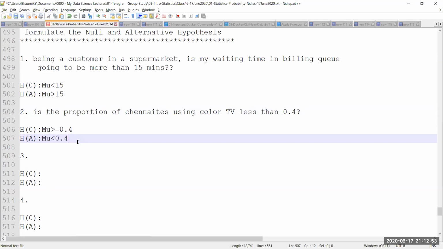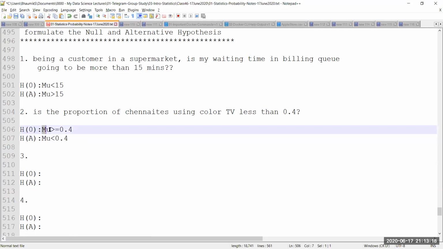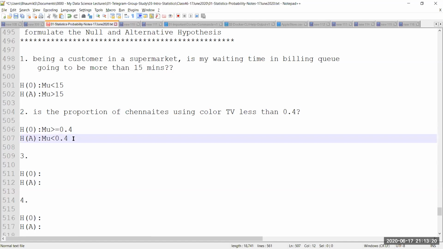Is the proportion of Chennaites using color TV less than 0.4? Because I've already given you the context, that people are moving on to digital as soon as they can. If they can afford it, they are already into the LED TV or smart TV generation. So this is what I'm expecting out of the data. I don't know whether I'm going to prove it right or not. That's why this becomes the alternate hypothesis and the opposite becomes the null hypothesis.